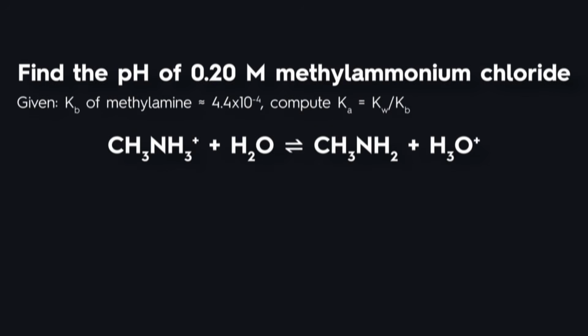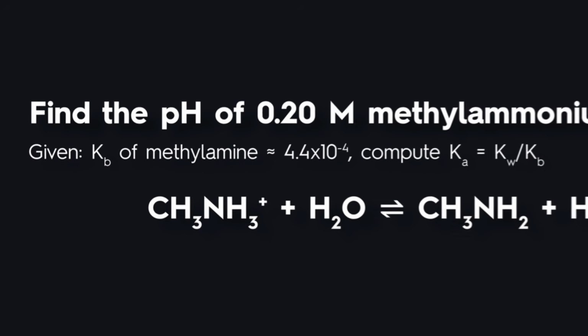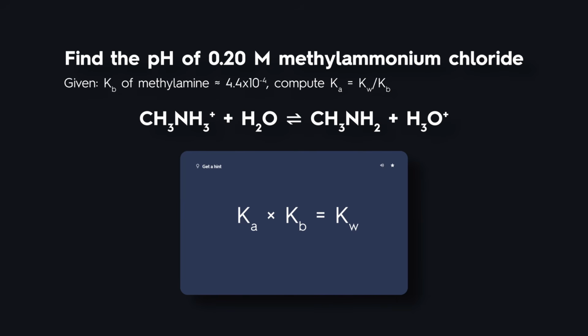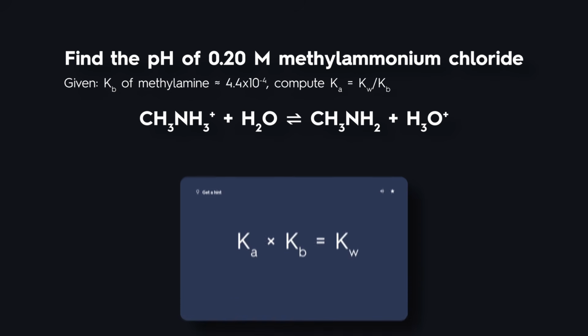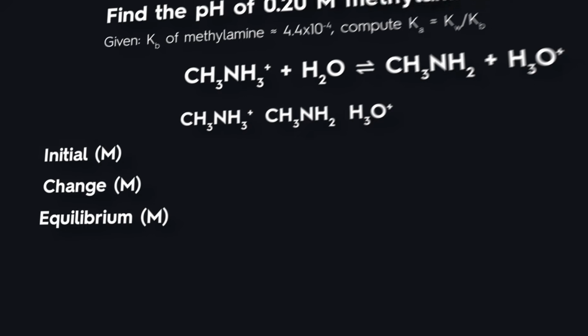Let's calculate a pH. For 0.2 molar methylammonium chloride, we first find the acid constant of methylammonium from the base constant of methylamine using Ka times Kb equals Kw. Now, let's organize what happens in the solution using an ICE table.